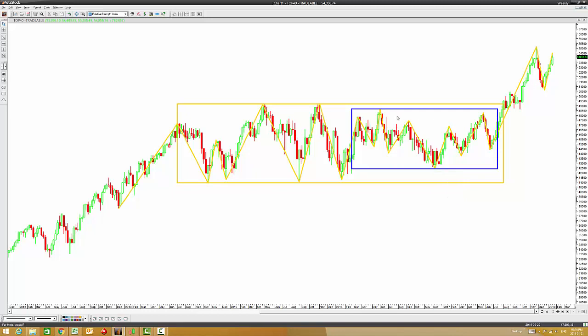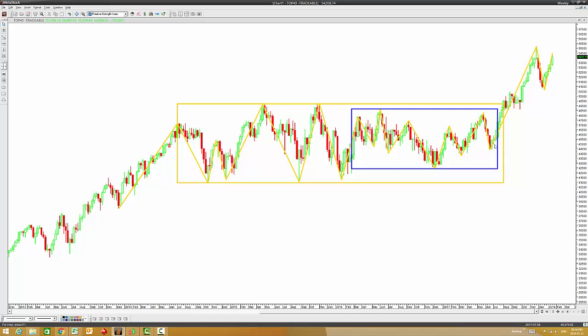So about 6,000 points at its widest point. For most of the part, it was actually chugging along in an even narrower range, and really this has made trading conditions or trend continuation and trend following trading quite challenging over the past year or so.